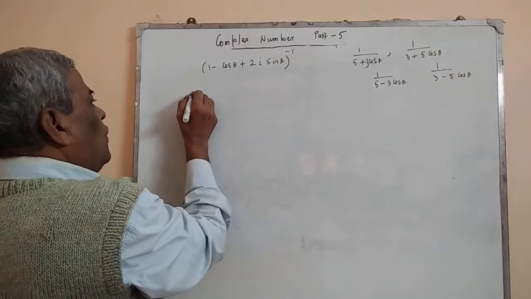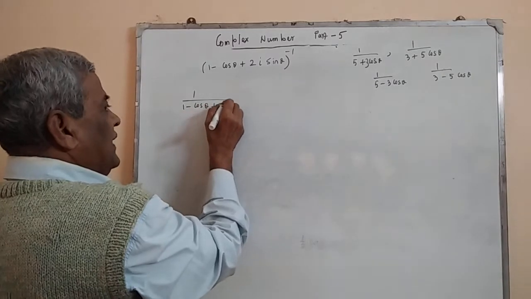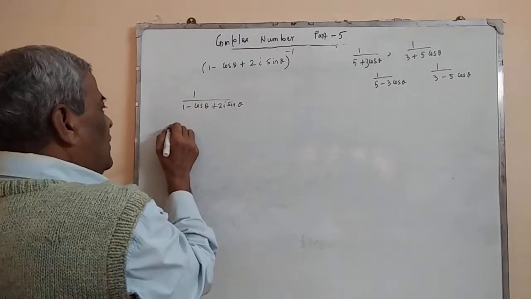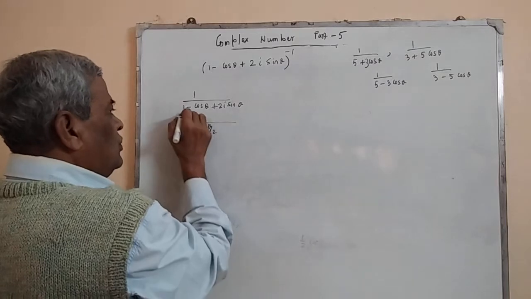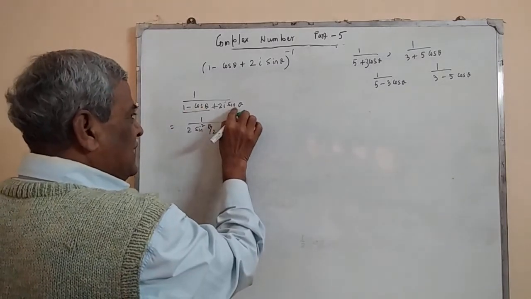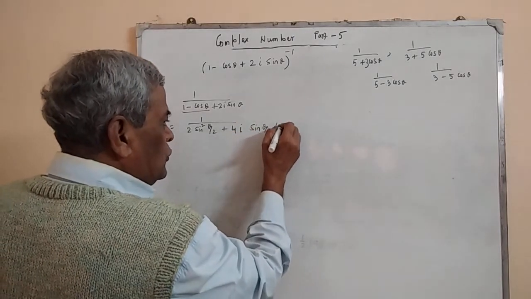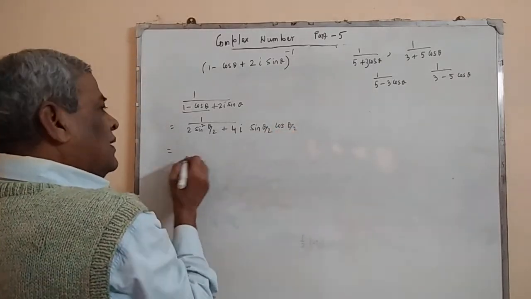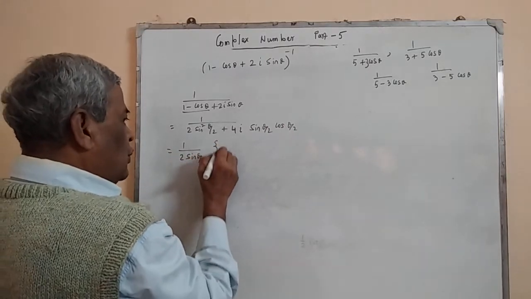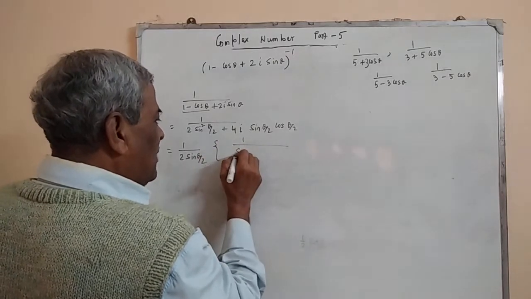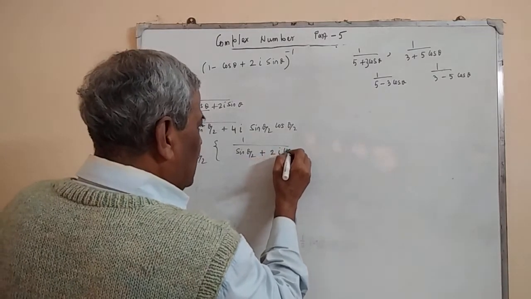This is actually equal to 1 by (1 minus cos theta plus 2i sin theta), which equals 1 upon (2 sin square theta by 2 plus 4i sin theta by 2 cos theta by 2), which is equal to 1 by 2 sin theta by 2 into 1 by (sin theta by 2 plus 2i cos theta by 2).